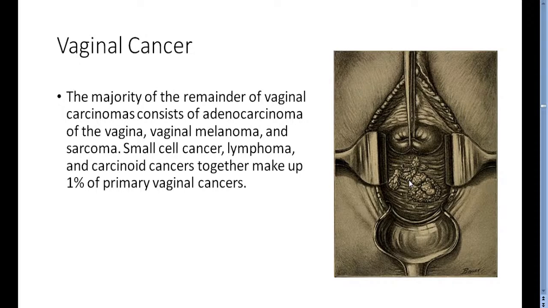The majority of the remainder of vaginal carcinoma consists of adenocarcinoma, vaginal melanoma, and sarcoma. Small cell cancer, lymphoma, and carcinoid cancers together make only 1% of vaginal cancer. So please remember that the majority of the remaining vaginal cancers are adenocarcinoma, melanoma, and sarcoma.